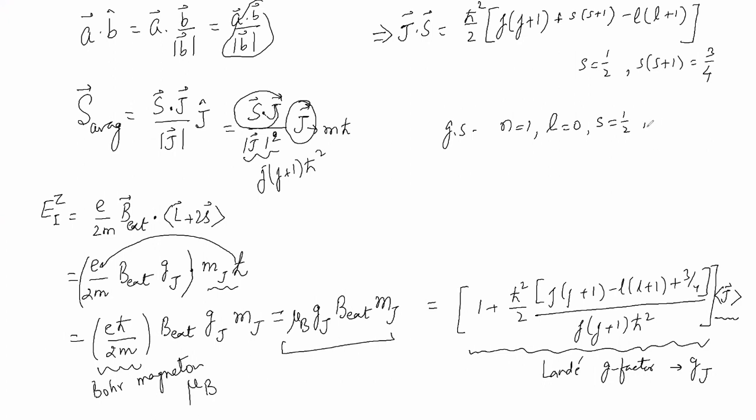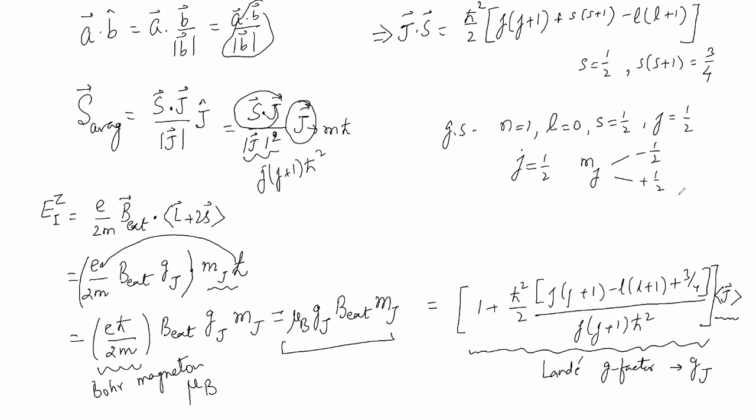Therefore, my J will be how much? J will be half, and if J is half, your Mj will go from minus half to plus half.